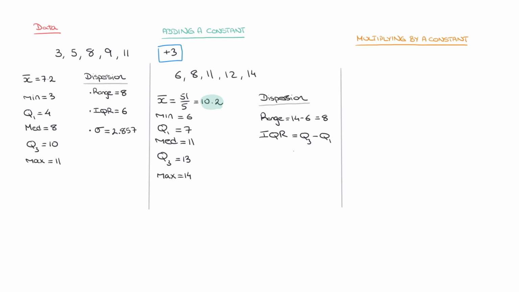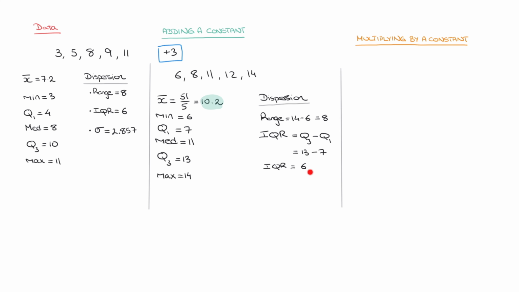So the interquartile range is equal to 13 minus 7. In other words, the interquartile range is equal to 6. And so in a similar way to what we observed for the range, we notice that the interquartile range we get when we add 3 to all of the numbers in our list of data is the same as the one we had started off with.